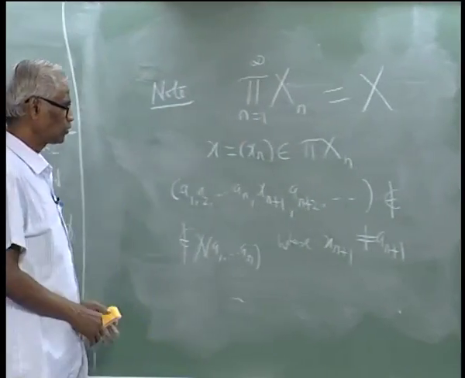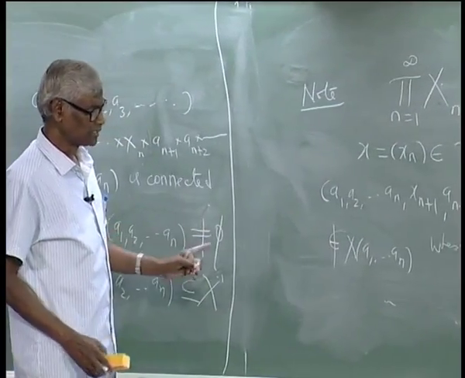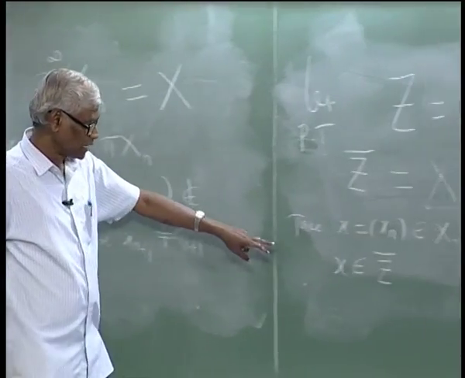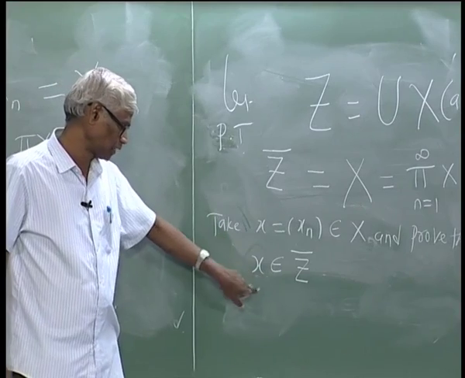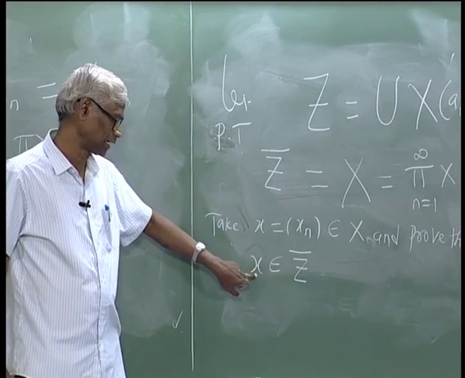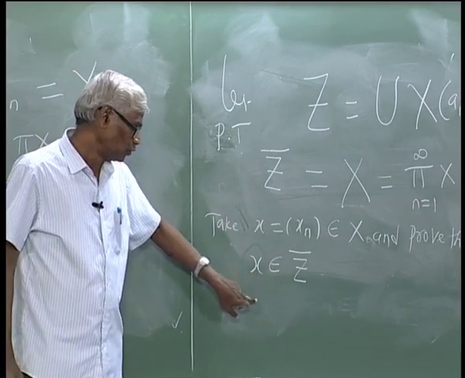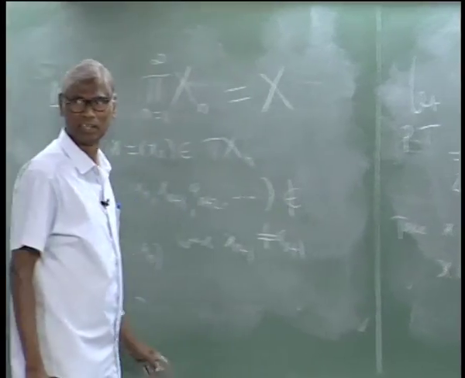That means we have to take a basic open set containing x. It is enough to prove that for every basic open set U containing x, U intersection Z is non-empty.